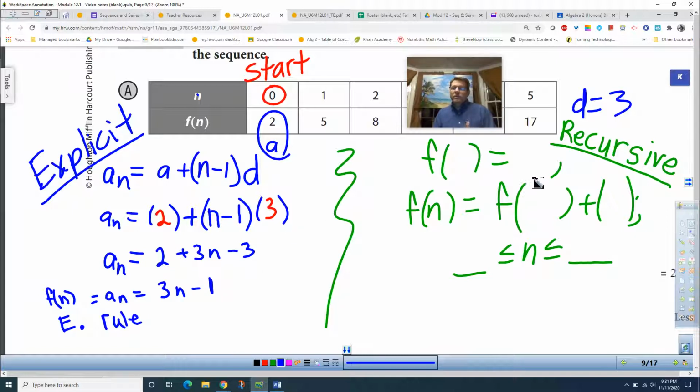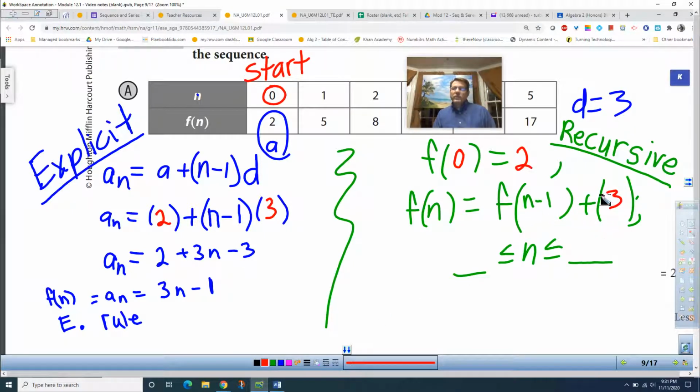Now let's go over to recursive. Where are we starting with recursive? We're starting at 0, and that gives us 2. To find anything we want, we go with the previous term plus 3.